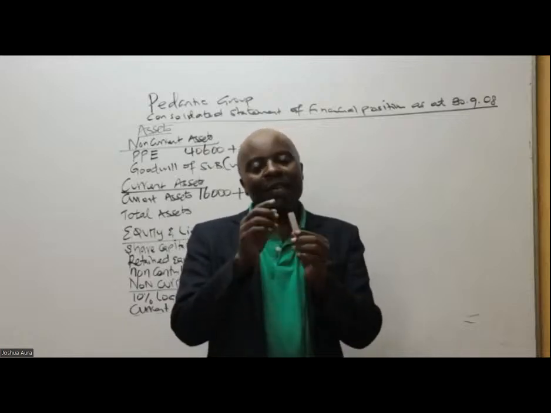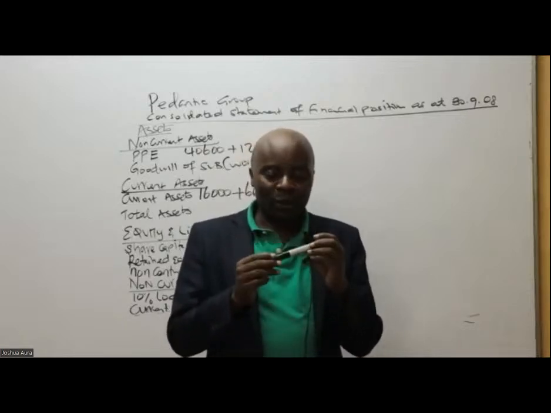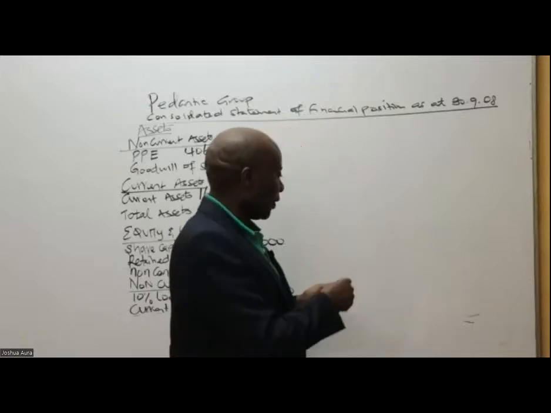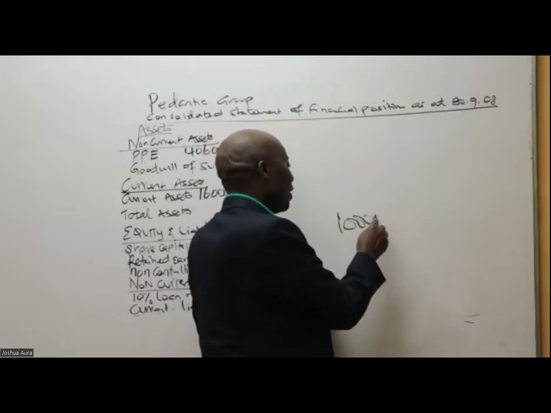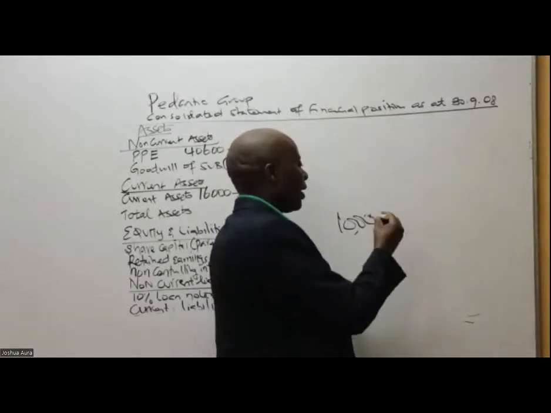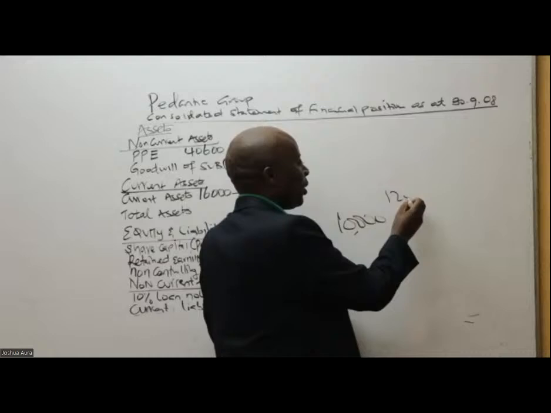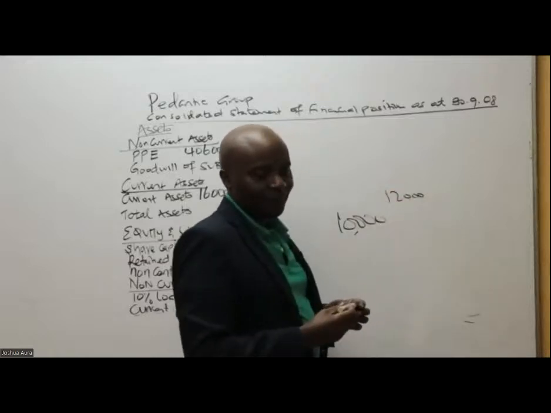So at times we'll be having an asset, say a motor vehicle. I'll be depreciating it, so in my books I have it at 10,000. But this expert will come and tell you that if you take this car to the market today, you'll be able to get 12,000.